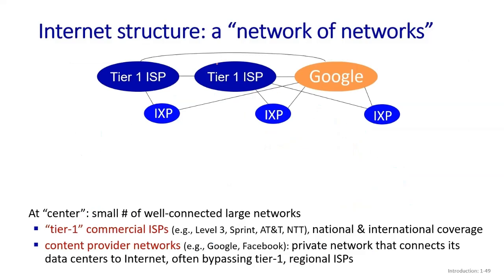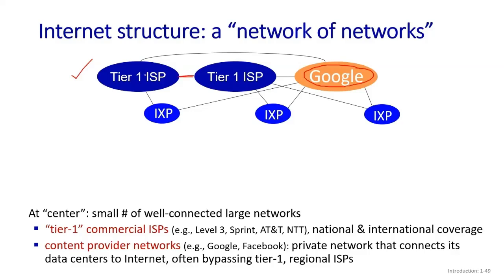Okay, so let's understand the structure using this diagram. We have these global ISPs. We call them tier 1 ISPs. At tier 1 we have these global ISPs and the content provider networks, let's say in this example, Google. These global ISPs are connected together.